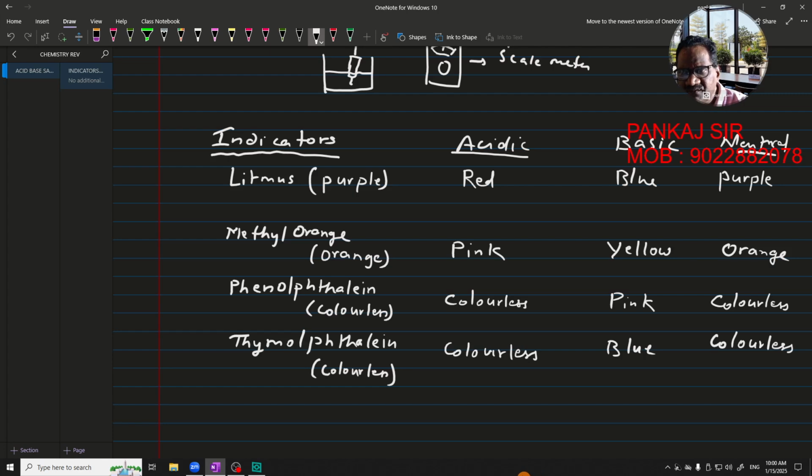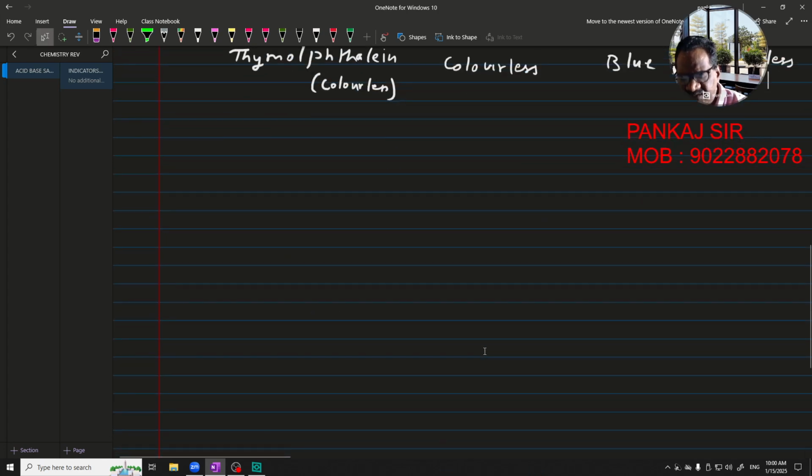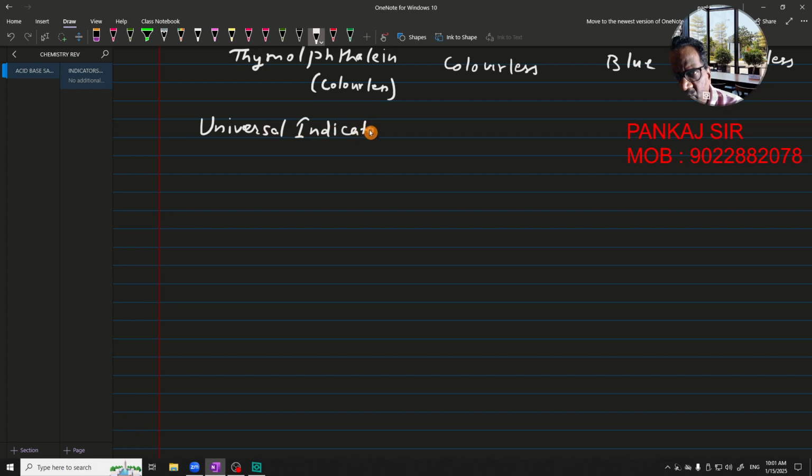There's one more indicator, which is known as the universal indicator. Let us talk about that as well. Now, what is a universal indicator? These universal indicators will directly tell you the pH value.